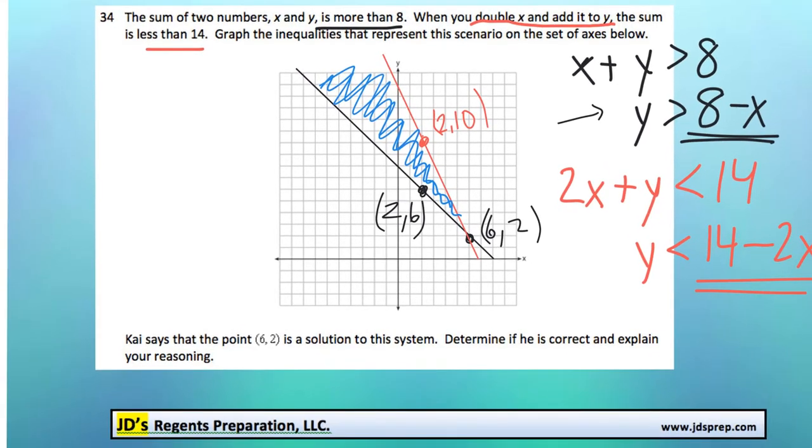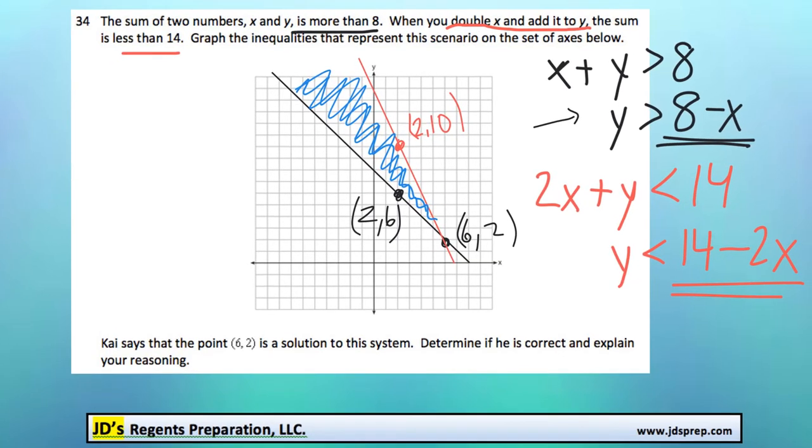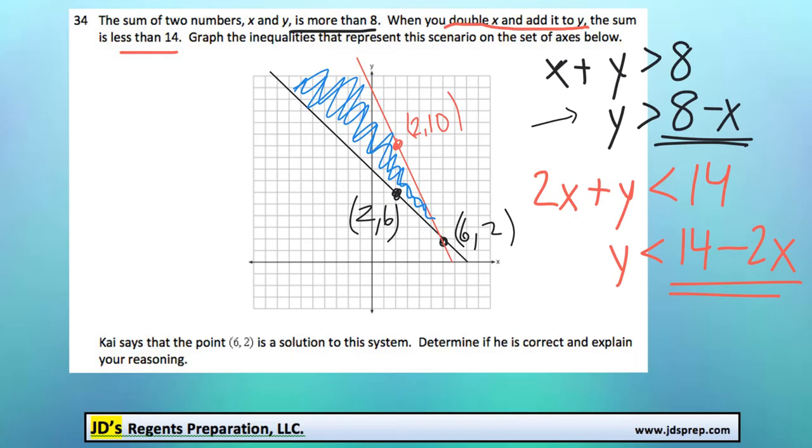Now the question, now that we've graphed it, is right here. Sorry, one second. There we go. Kai says that the point (6, 2) is a solution to the system. Now you might instinctively say right away, yes, look, (6, 2) is right here. So it's part of the system. But you need to be careful because the inequalities are greater than and less than, not equal to.